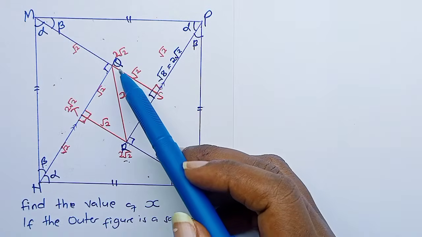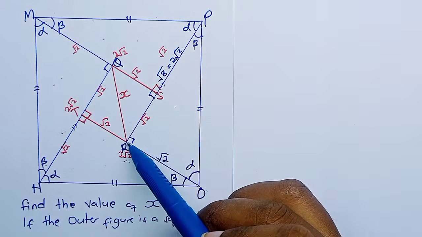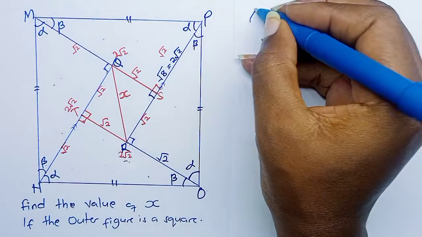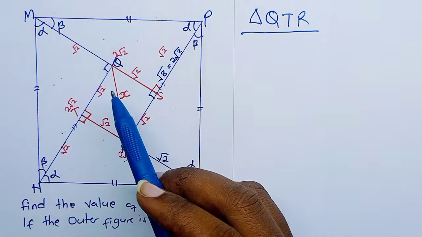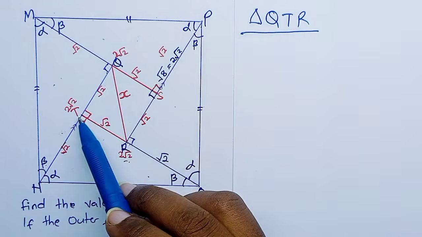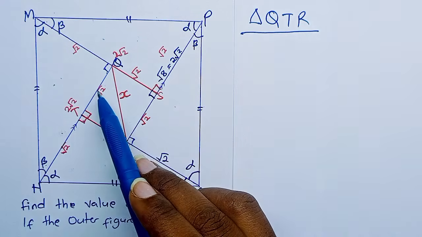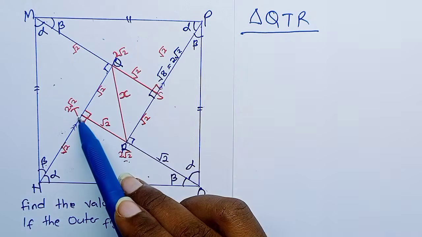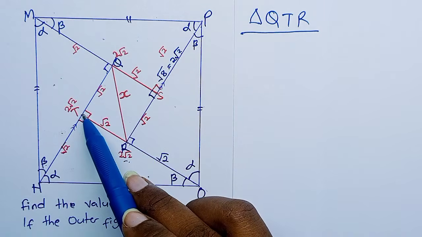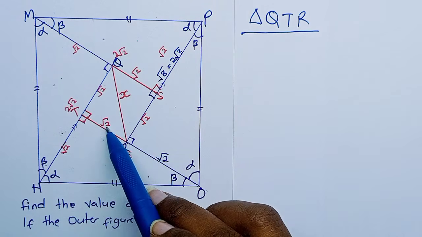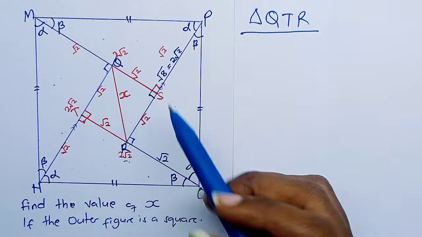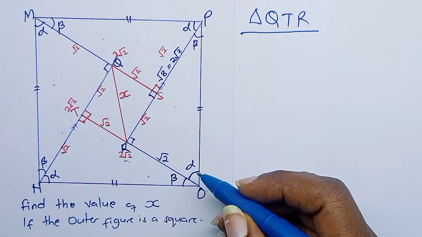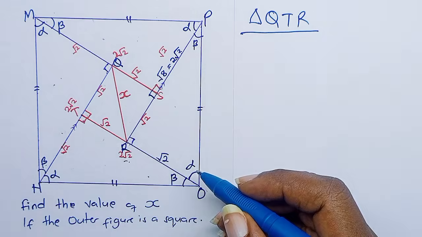Now focusing on this triangle here, QTR, we can see it's a right-angled triangle. This is 90 degrees, and this side QT is root 2, TR is root 2, and the hypotenuse QR, which is X, is what we are required to find. So we're going to use the Pythagoras theorem to solve.